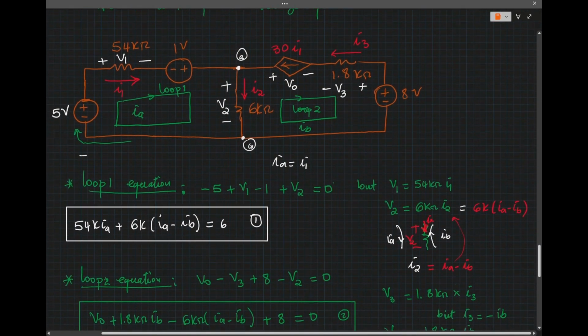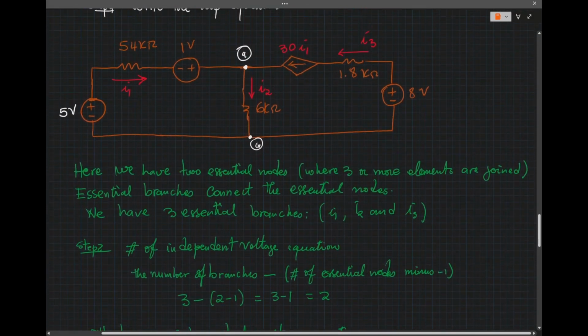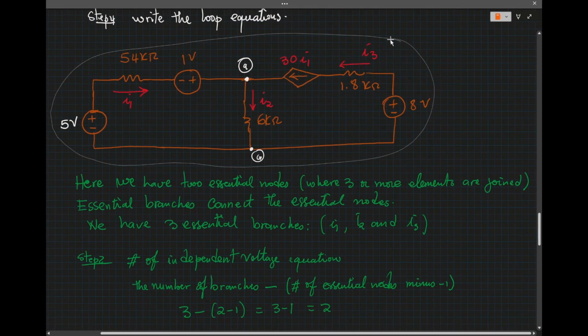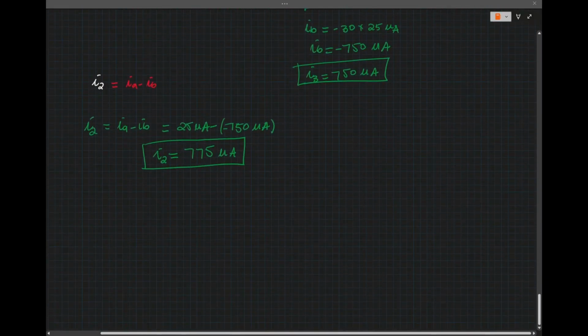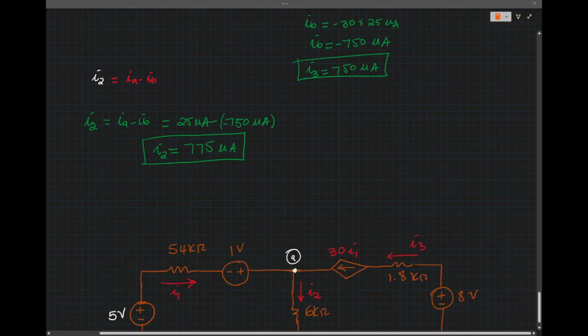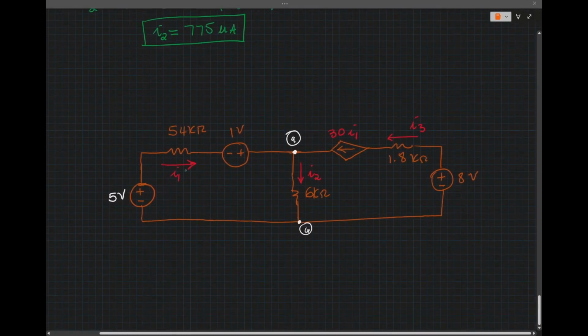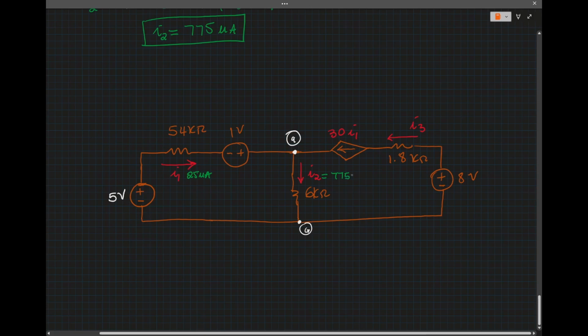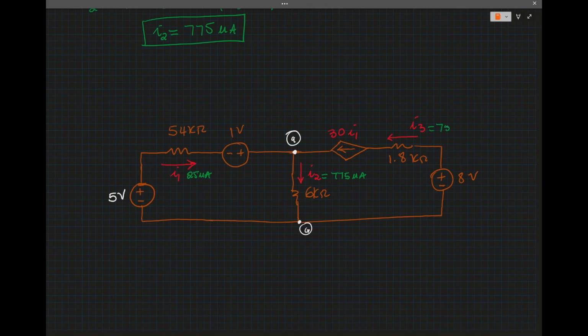So we use the KVL method to find all the branch currents, and then using the branch currents we can calculate the power, as we did before. So we know this is 25 microamps, this is 775 microamps, and this is 750 microamps.